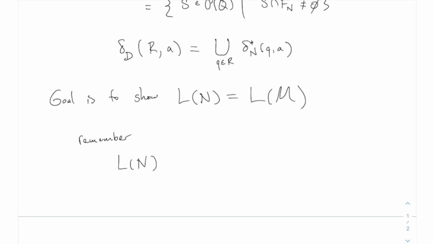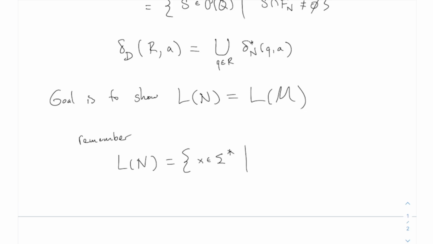On an NFA, the accepted language is the set of all strings, first of all, the set of all x in sigma star. Usually it's {a, b} star, but this could be any alphabet. Such that, what does it mean?